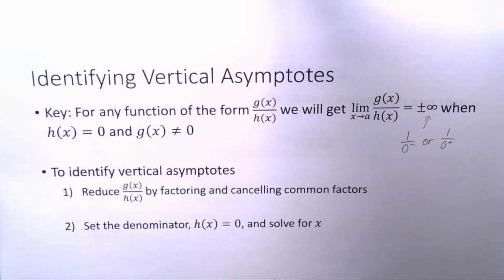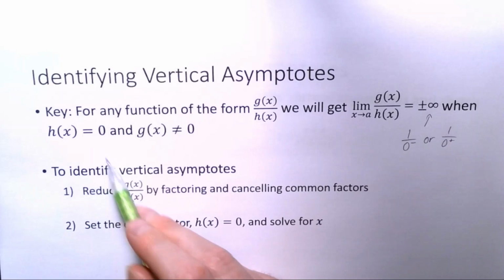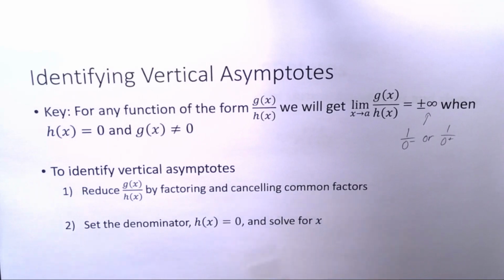So, in order to have this, we need the top to not be 0, and we need the bottom to be 0. So what we can do is reduce this expression by factoring and canceling common factors, and then we can set the denominator, whatever's in the bottom, equal to 0 and solve for x.